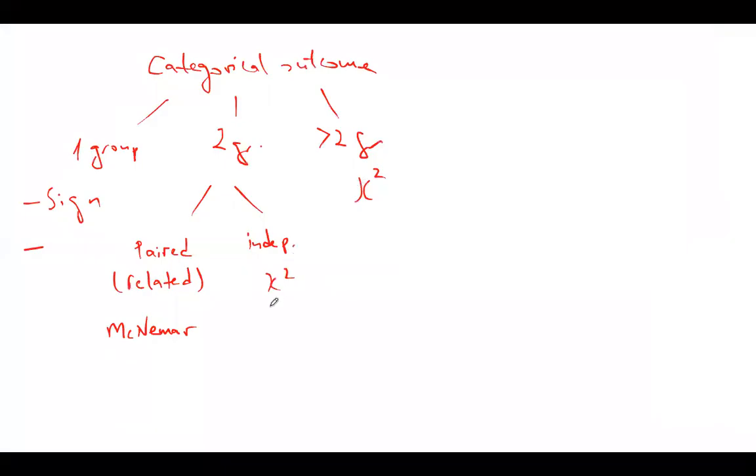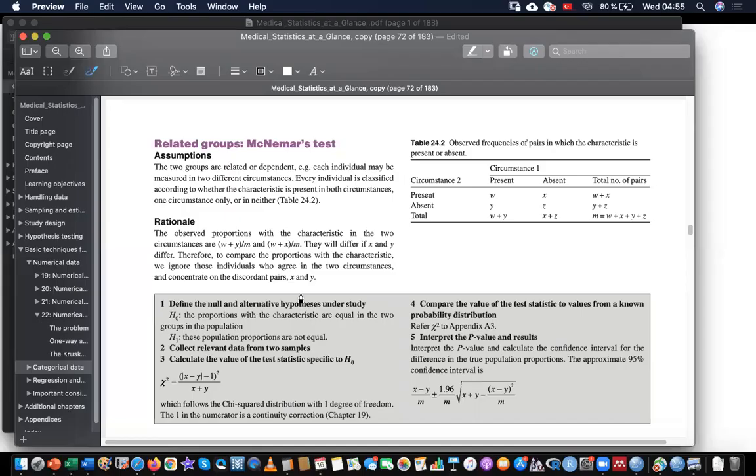Next week when we are discussing chi-square, I will also give you the information about the Fisher exact. We go for the chi-square, but sometimes the chi-square has sample size requirements, and we cannot meet them. Then we do the Fisher's exact test. But today we will discuss McNemar.